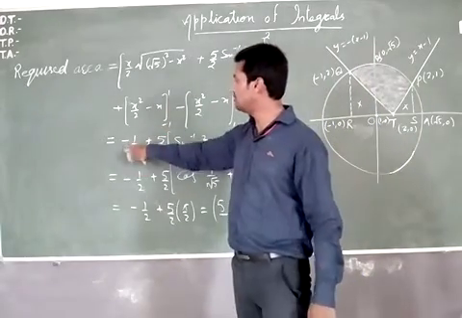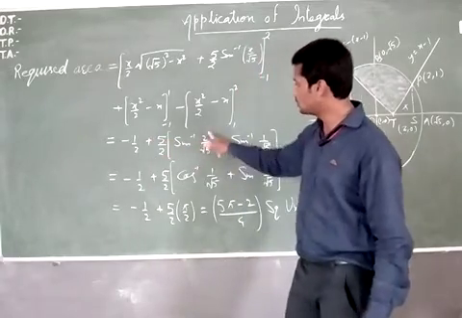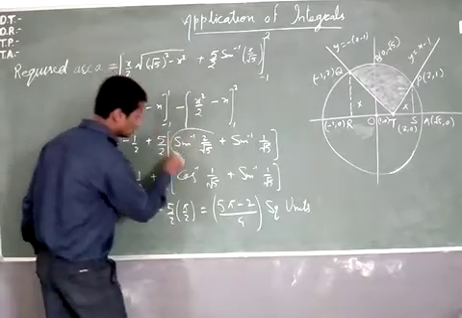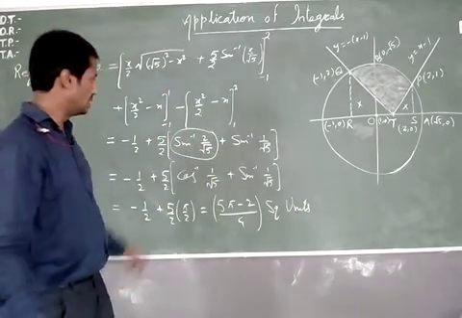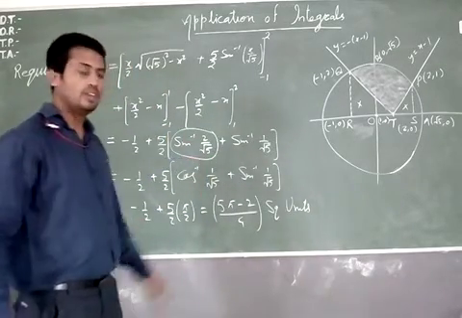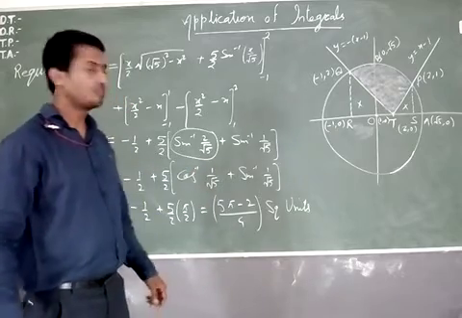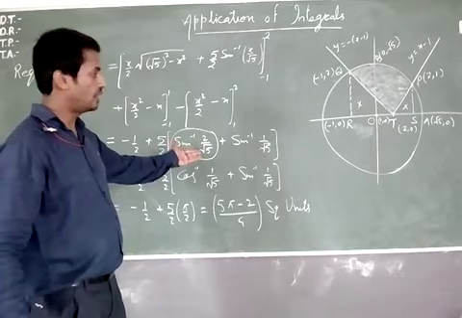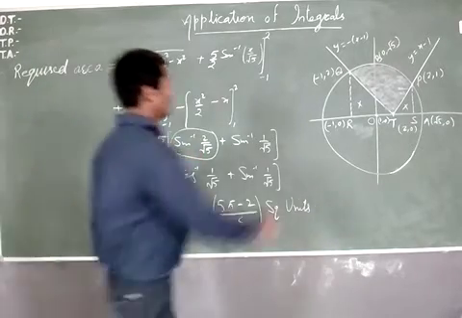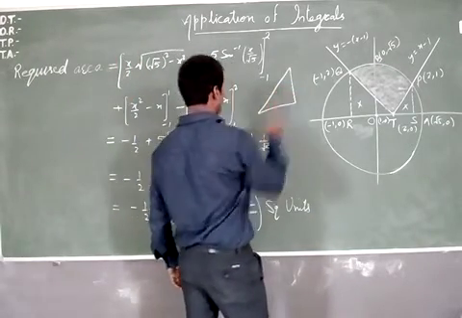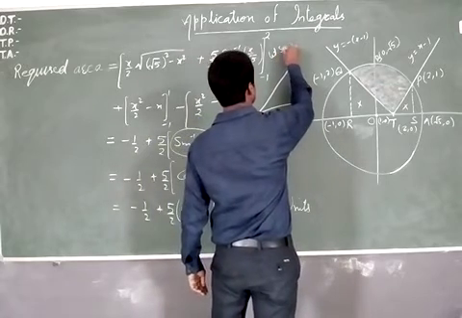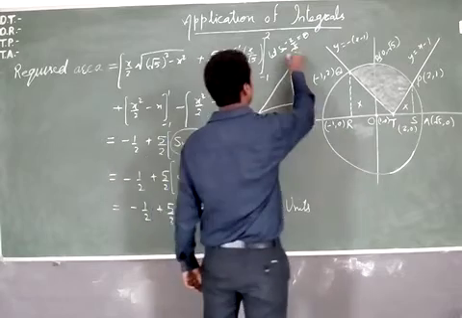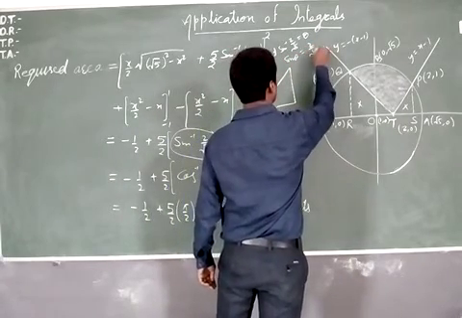After simplification, we have minus 1 by 2 plus 5 by 2 times sin inverse 2 by root 5 plus sin inverse 1 by root 5. We can change this value using the inverse property: sin inverse 2 by root 5 equals cos inverse 1 by root 5. Let sin inverse 2 by root 5 equal theta, then sin theta equals 2 by root 5.